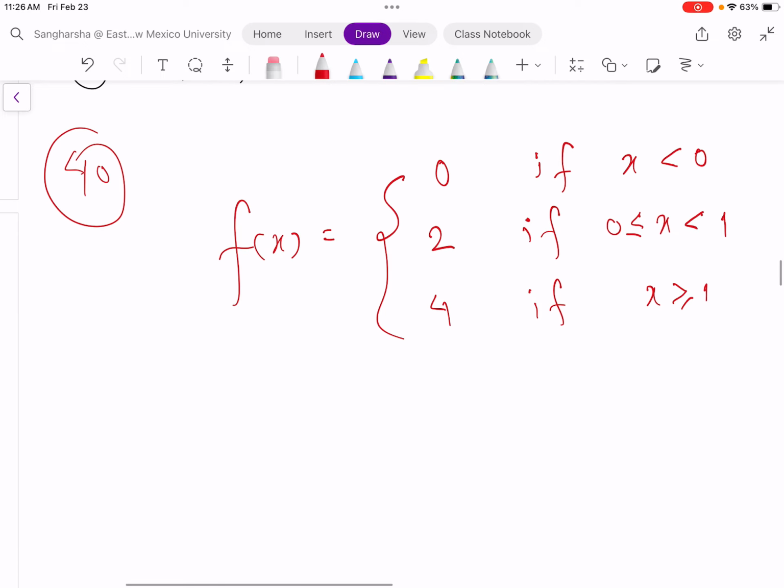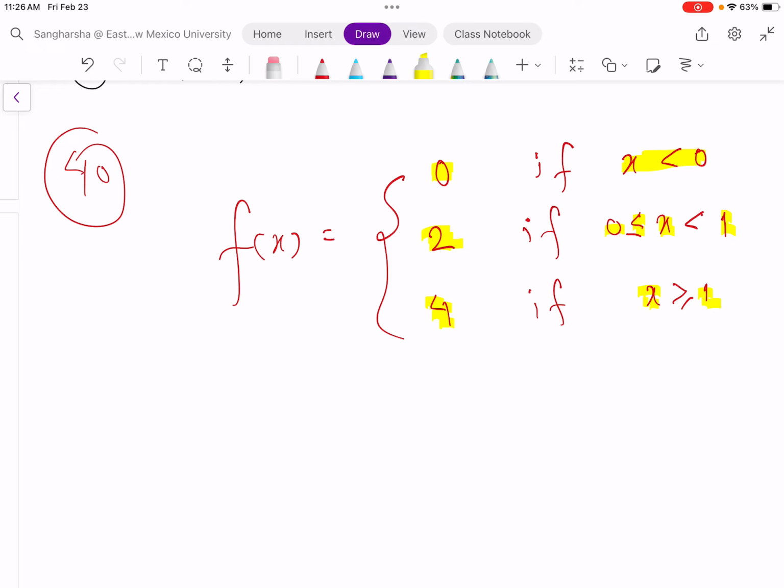So this is a piecewise function with 3 different outputs for 3 different inputs. When your input is less than 0, your output is always 0. When your input is greater than or equal to 0 and less than 1, your output is always 2, and when your input is greater than or equal to 1, your output is always 4.